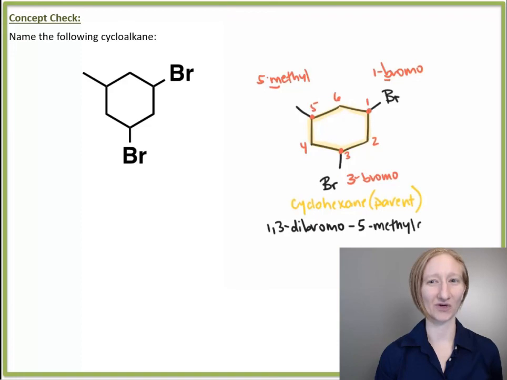Then we number toward the next highest priority, or the other bromo group, and that will give us a 1-bromo, a 3-bromo, and a 5-methyl substituent. So the IUPAC name of this compound is 1,3-dibromo. Remember, we bundle those together if they're the same kind of group. 1,3-dibromo-5-methylcyclohexane.